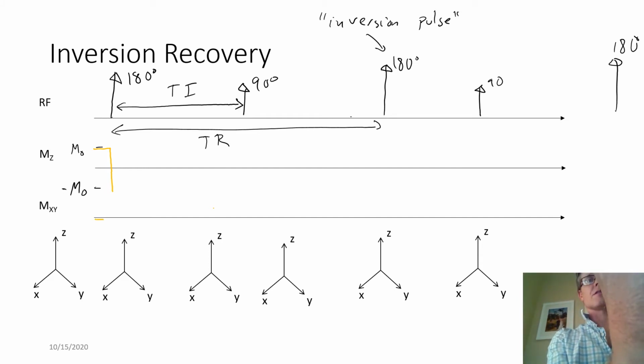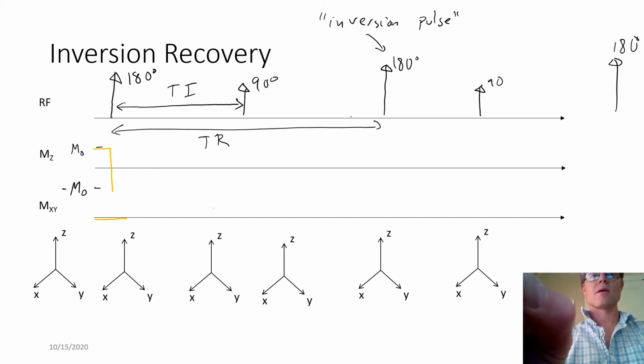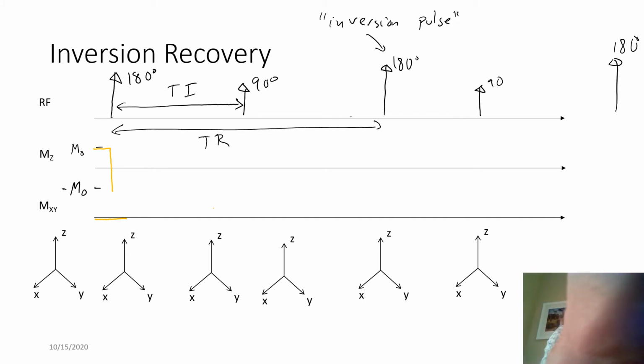The other thing to note is that this type of RF pulse does not create any transverse magnetization. In this sequence, the 180-degree pulse does not create any transverse magnetization. Let me illustrate that down here below as well.